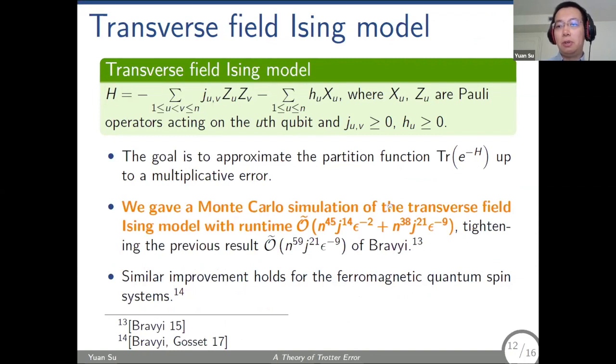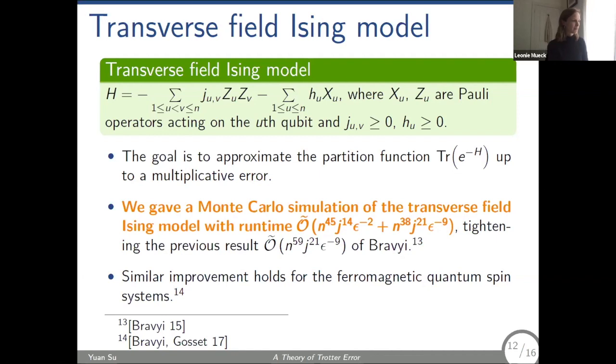They have to use this subroutine in their quantum Monte Carlo method. So we're only able to improve the product formula part of that algorithm, but there are other parts of the algorithm that we are not able to improve right now.